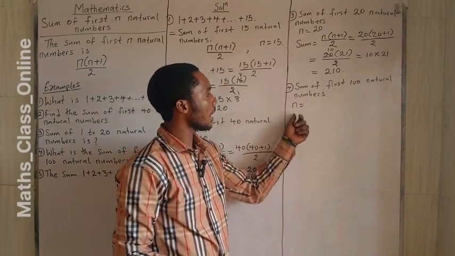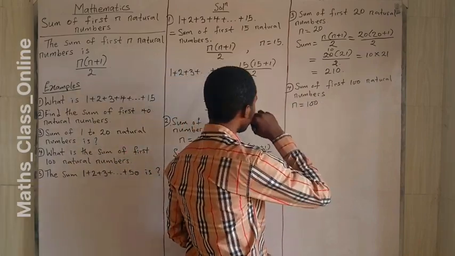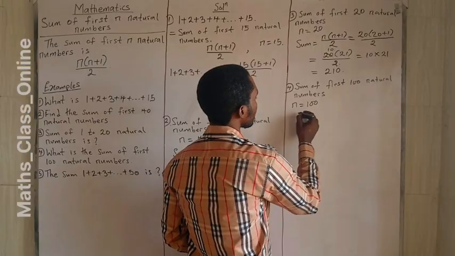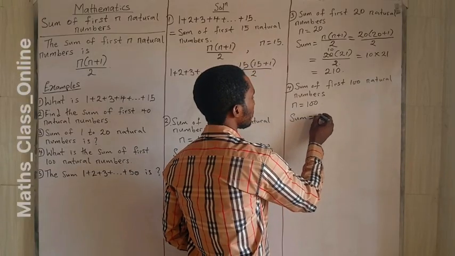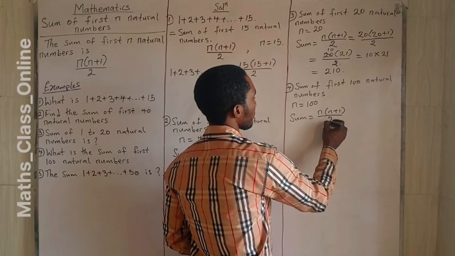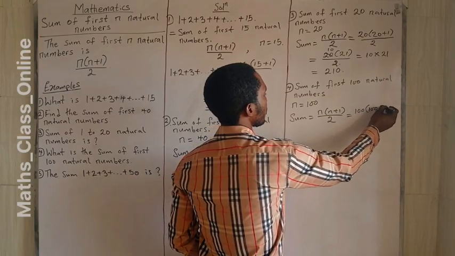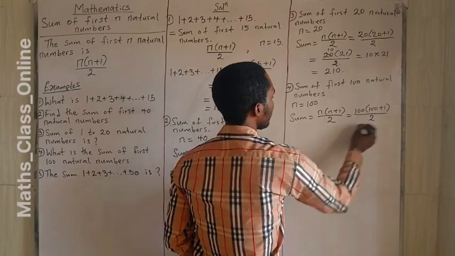N is what? N is equal to 100. So we have sum is equal to 100 times (100 plus 1) over 2.